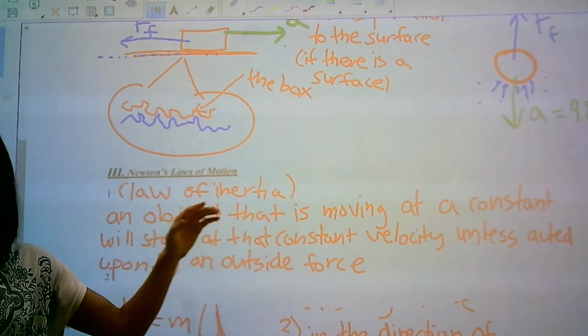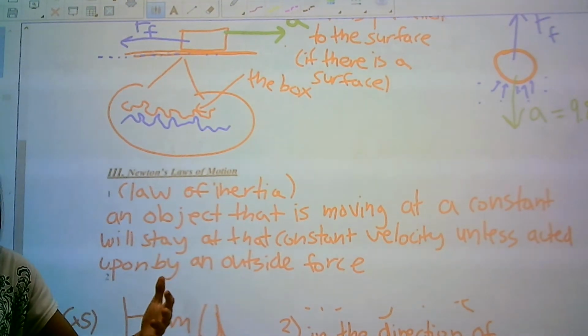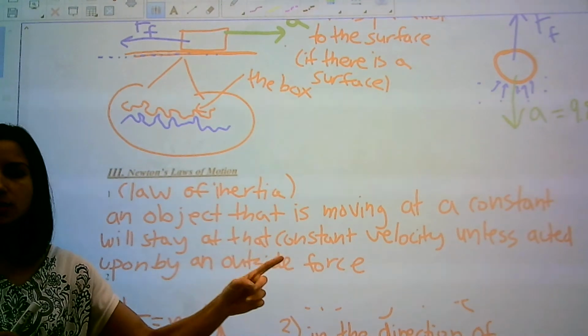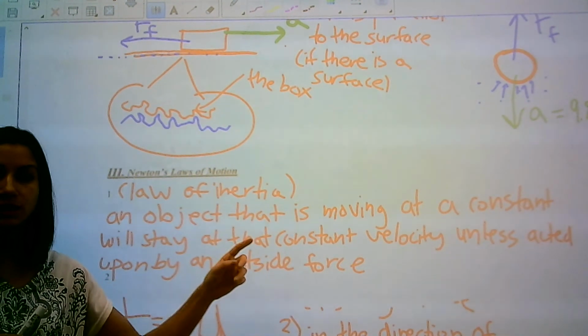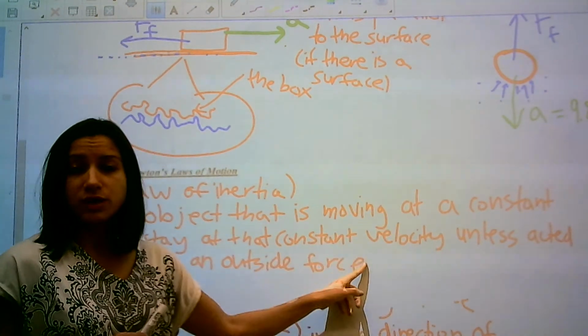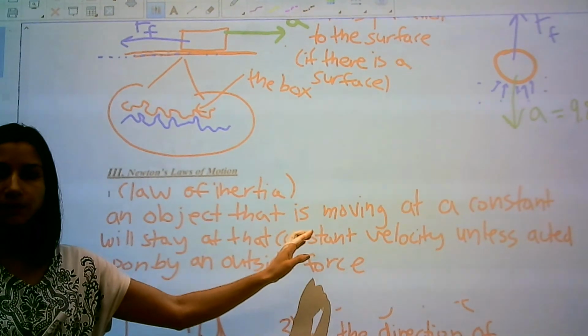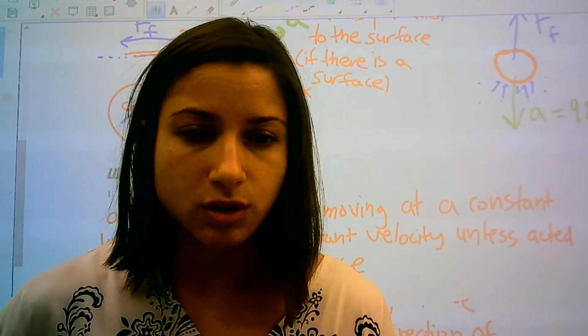But the issue with that first definition, an object at rest will stay at rest, is that it leads to a misconception amongst physics students. That misconception is that an object moving at a constant velocity does not follow this. Well, that's not true. Maybe you saw this in your simulation.